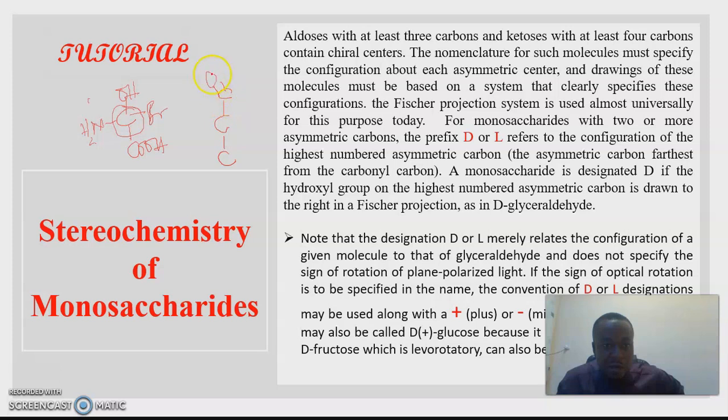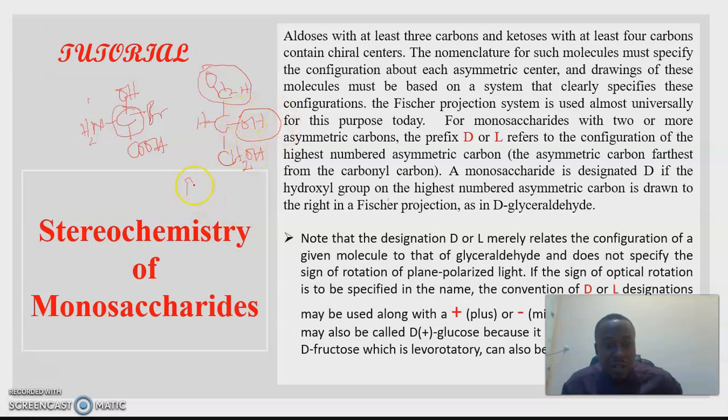Now this carbon contains the aldehyde group. Here we have OH, H, here we have CH2OH. So this is the carbonyl carbon. Here you can see the hydroxy group is located on the right.